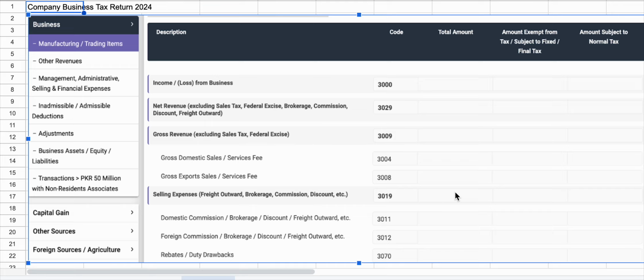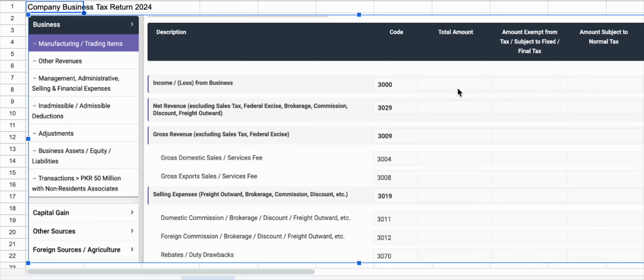So these are calculated by IRIS according to the tax year for the relevant year. We are discussing 2024, and this is also applicable for previous years as well as 25, 26. There may be some changes, like for this year they have included services also. So all those service providers like accountants, lawyers, IT freelancers, they can fill their sales data here instead of in other revenues as in previous years.